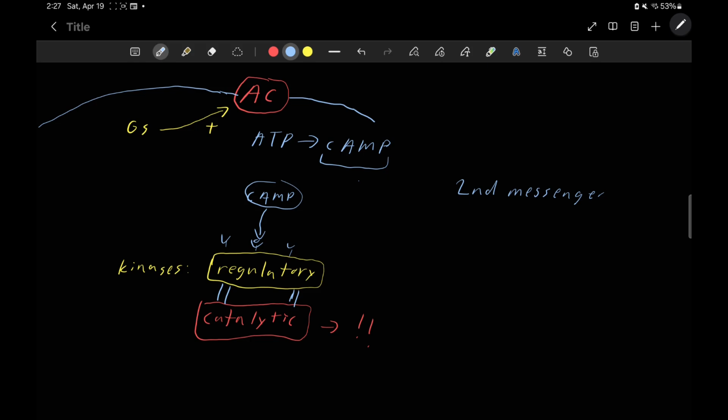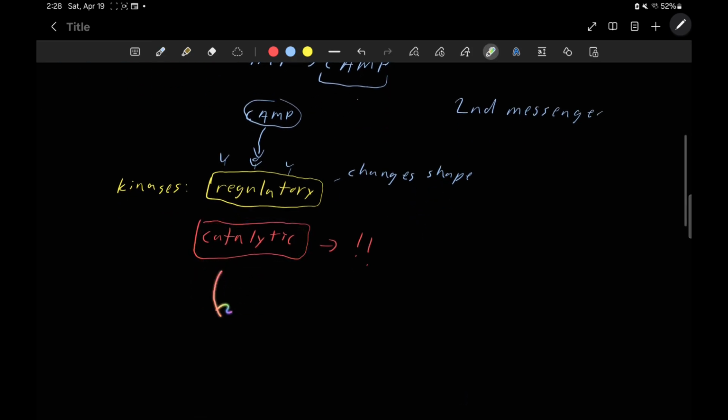And what that does is it changes the shape of this regulatory component. And that actually breaks these connections. So now the catalytic component is free. It can leave and it can go and do stuff. It can go and catalyze reactions.